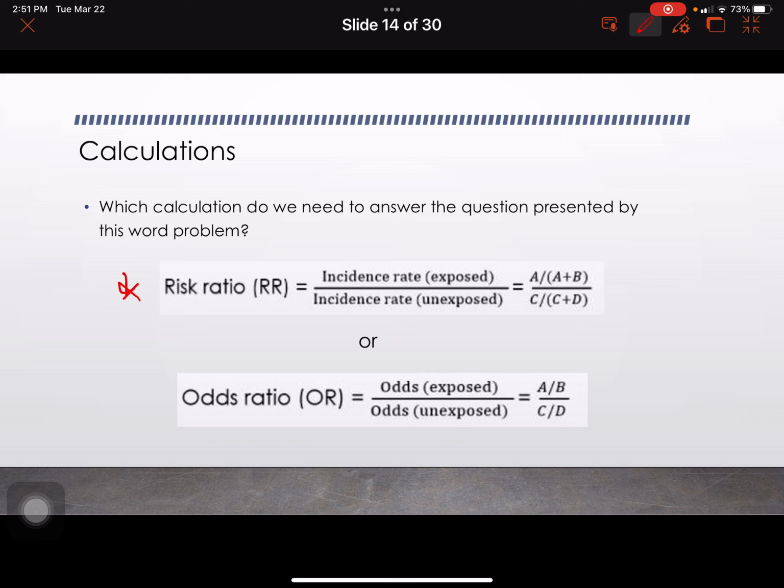Now we look in the cells that we made on our 2x2 table, and it looks like we end up with 41 over 120 all over 29 over 80 for our math for these cells here and our total cells here. And then when we plug that into a calculator, we end up with 0.94. Now I usually default to 2 decimal places if the question doesn't specify. Most likely the question you're dealing with will specify.